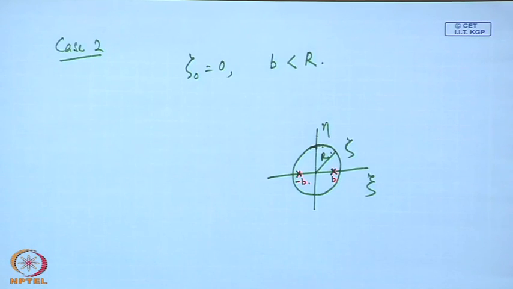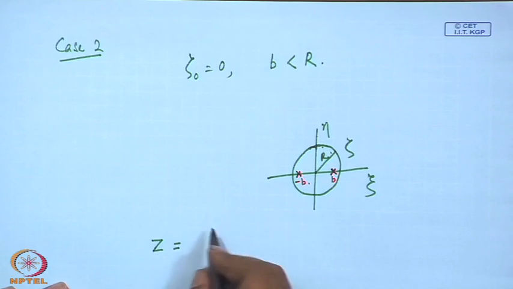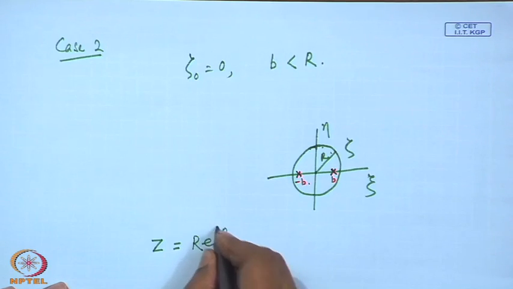What is this body now? Z equal to zeta plus b square by zeta. Zeta is r e to the power i theta on the surface of the circle.